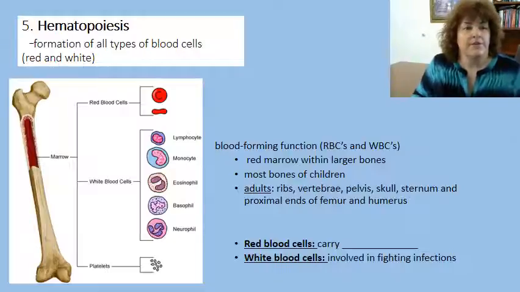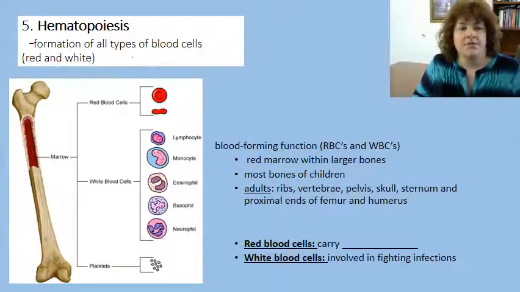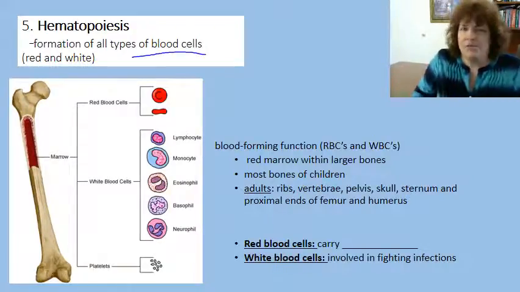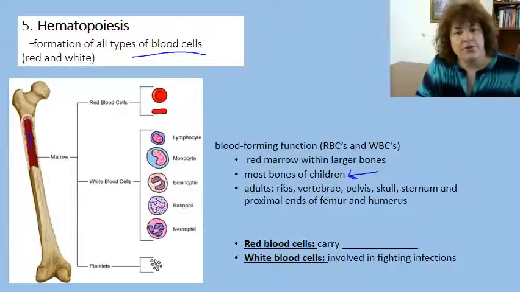Hematopoiesis. This is a very fancy word here. Easier term to remember would be blood cell formation. So all kinds of blood cells are formed in what most people have heard of, bone marrow, inside most of the long bones, in most of the bones of all children, of course children are actively growing. They need more blood cells. But as we age, we don't have as much a need for that.